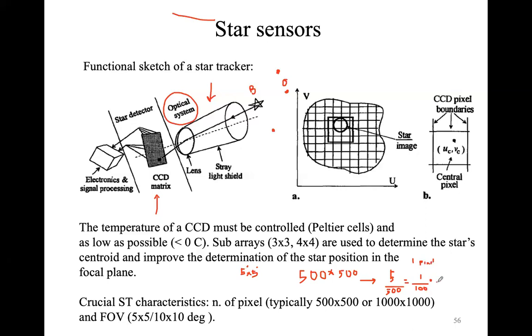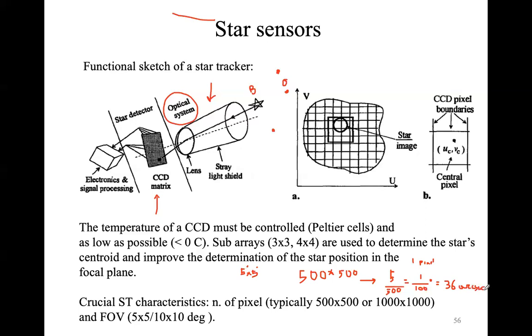In terms of arc seconds, if you do 3600, so 1/100 of 3600, you have 36 arc seconds. So a design of the CCD in this way gives you a resolution of 36 arc seconds, that, as I said, is really poor.